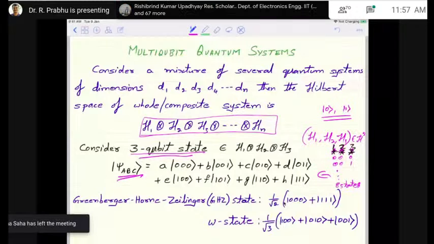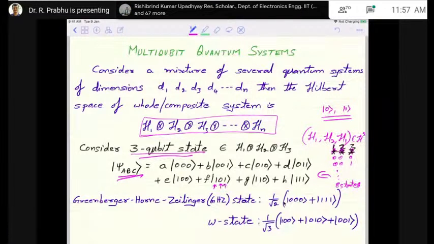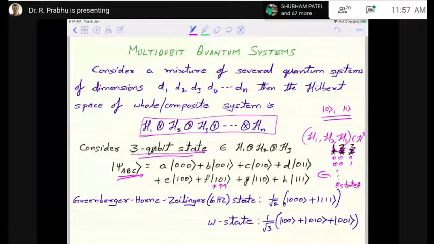Remember, I want to emphasize again, the position of the particle in the ket is given by the corresponding qubit. Similarly, if you have a 4-qubit state, you will have much more terms, 16 terms, and so on. So you can write a general state for any n-qubit state.